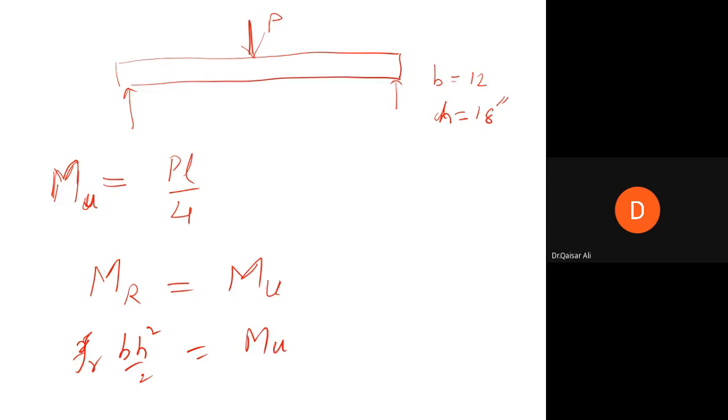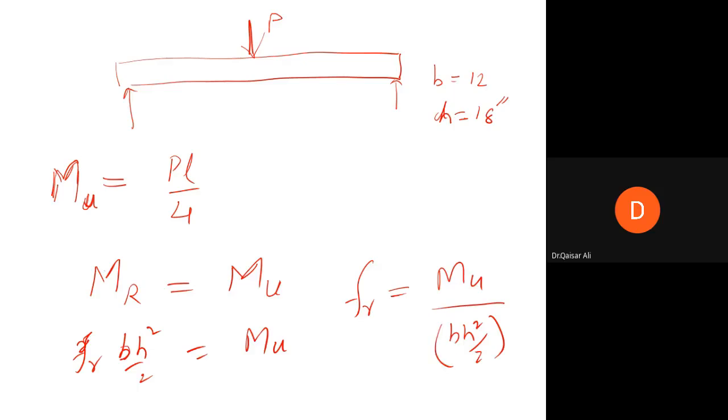So if I ask you to determine Fr, provided that b and h are known to you, to calculate Fr for a given Mu, you can do this very easily. You will write down that Fr is equal to Mu divided by bh square by 6.